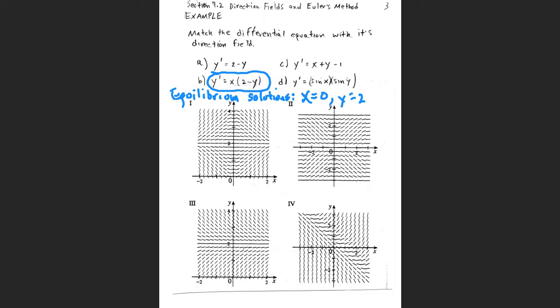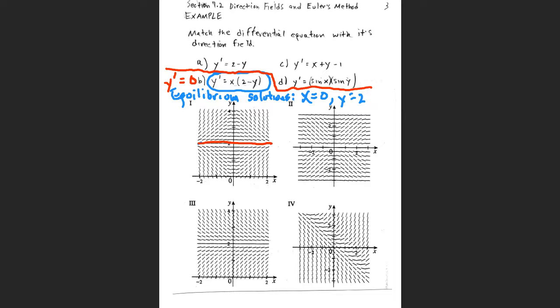Okay, so that means that if we look on the first graph, and I always try to draw on the pictures in red, along the horizontal line y equals 2, the tangent lines are flat. So slope of 0. So y prime equals 0 when x equals 0 and y equals 2.